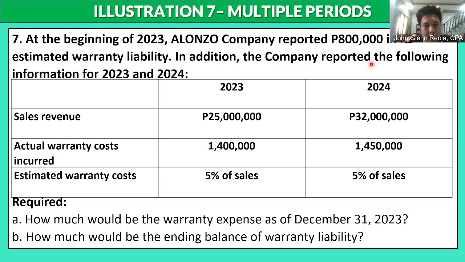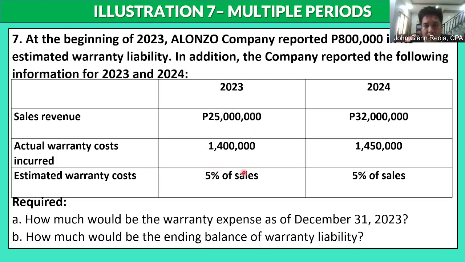In addition, the company reported the following information for 2023 and 2024. So how much should be the warranty expense as of December 31, 2023? It says here 5% of sales is the estimate. So how much would be the sales revenue? 25 million, times 5%. So therefore, how much would our warranty expense be? Use your calculator, guys.